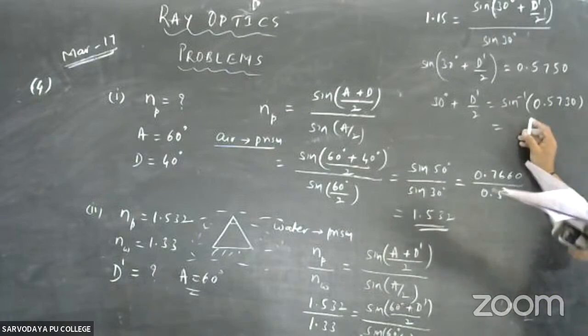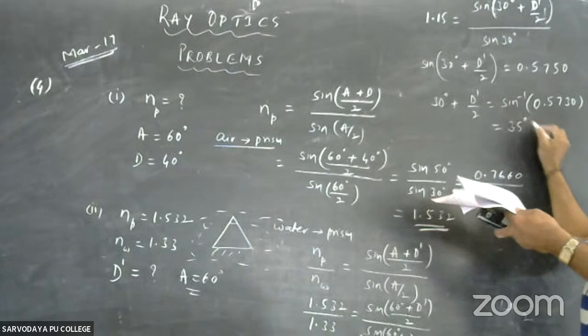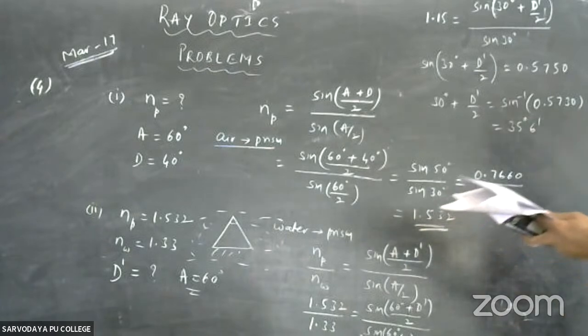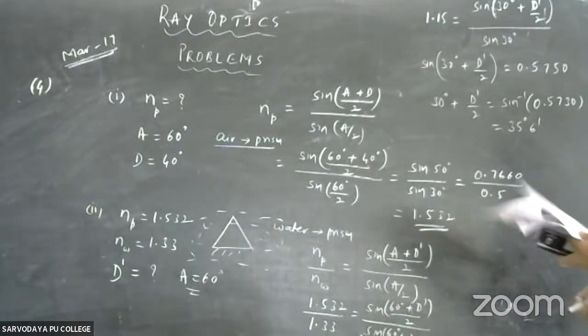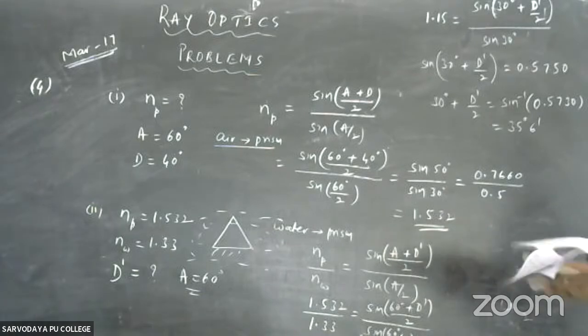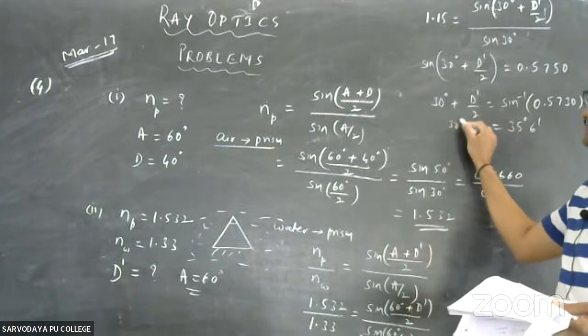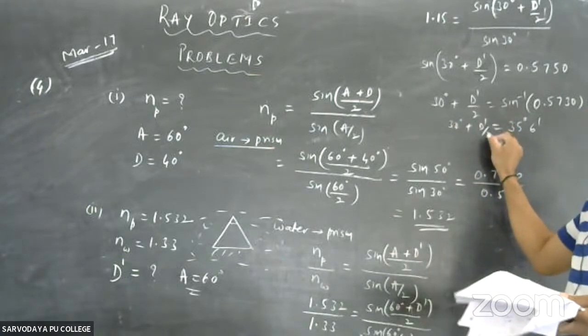Okay, on simplification using Clark's table, you get this as 35 degree 6 minutes. Therefore, this is 30 degree plus D dash by 2.